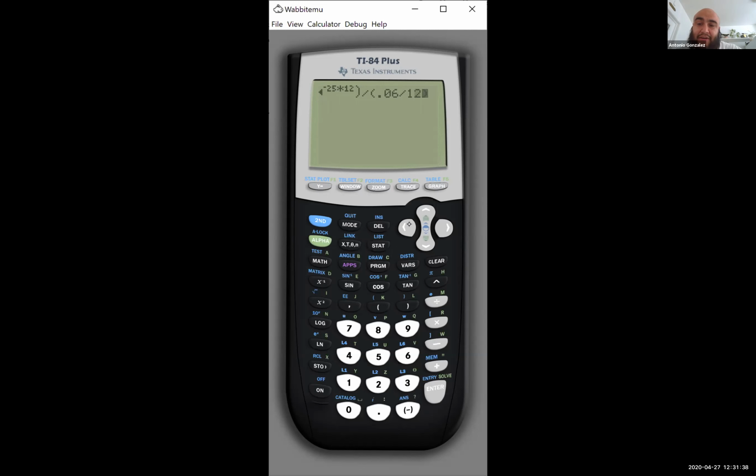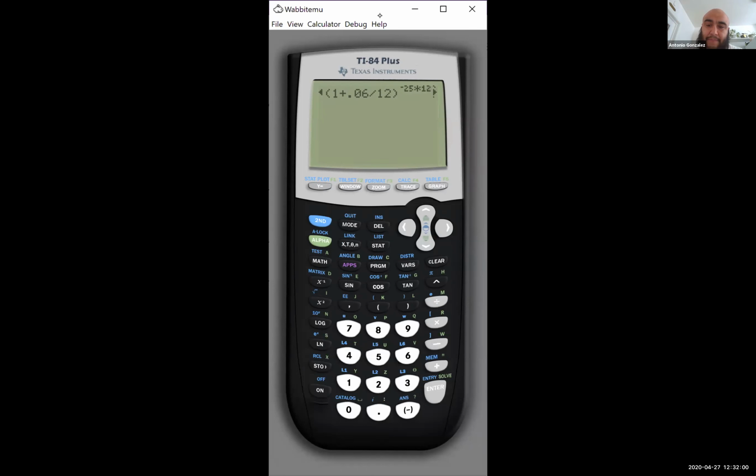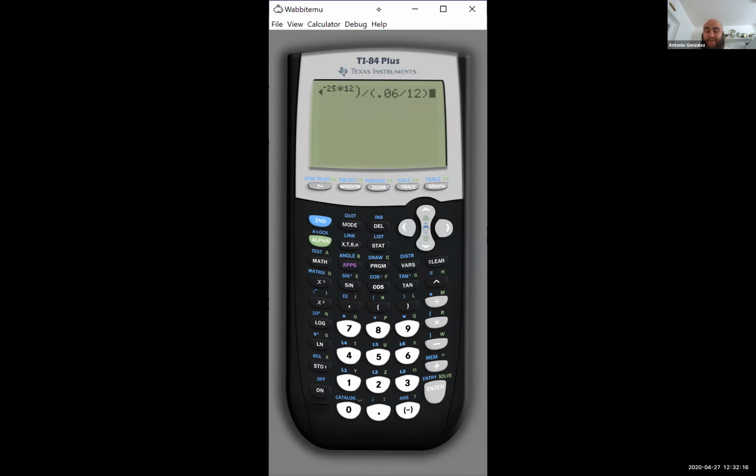Scrolling back here, you see we have the 3,000. I open up my parentheses, 1 minus, I put the stuff inside the inside parentheses, then the exponent, and then the close parentheses, and then divided by R over K. And now I'm going to hit enter.